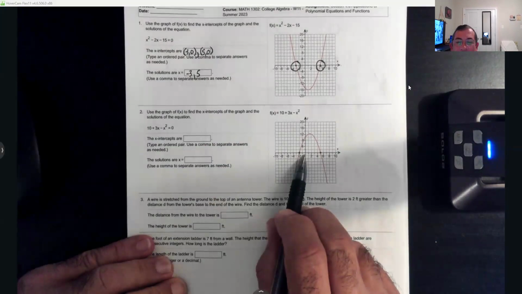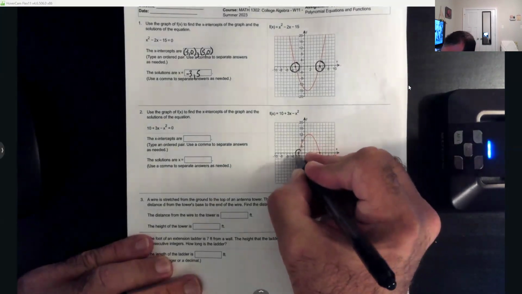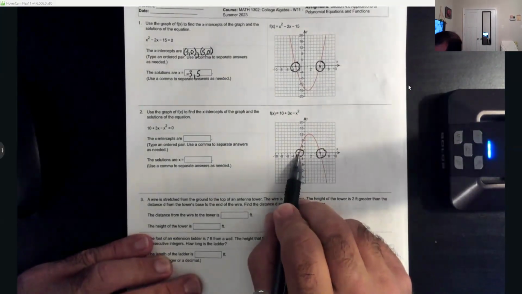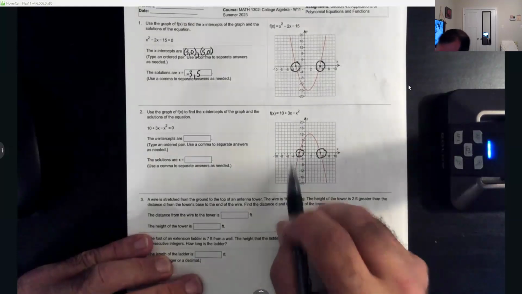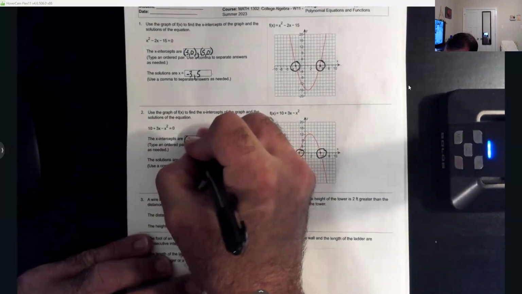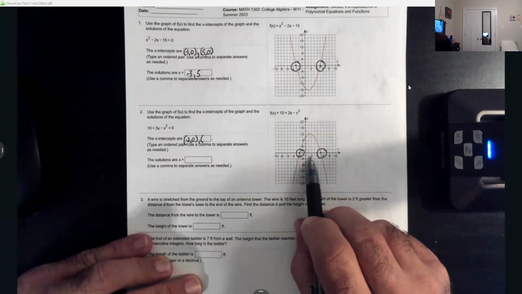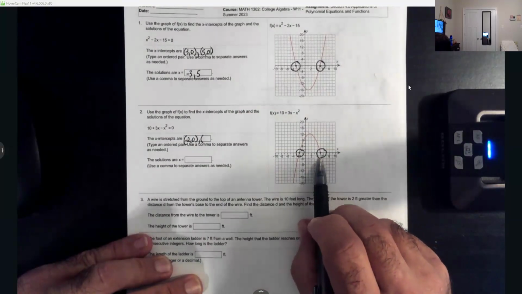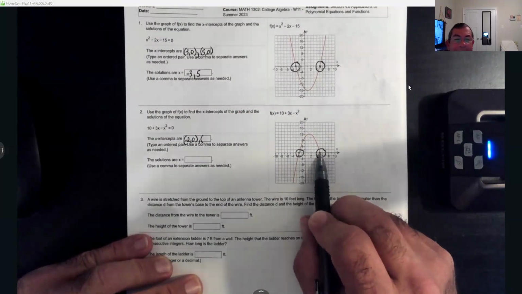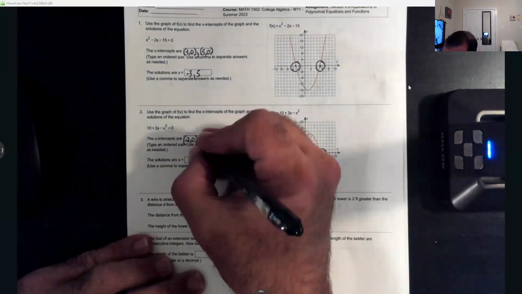So y'all, same thing here, right? They're looking for the x-intercepts. Well, this x-intercept is at what, -2? So that was going to be -2, 0. And then comma, the next ordered pair is over here at 2, 3, 4. That one's at 5, so that one would be 5, 0.